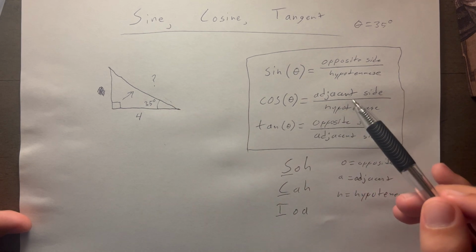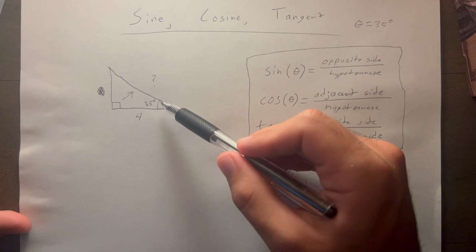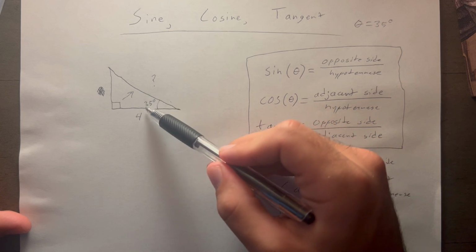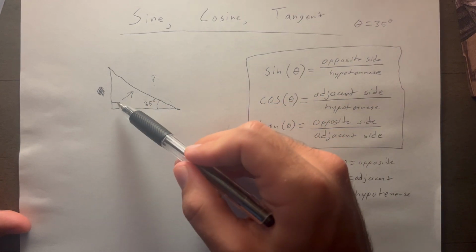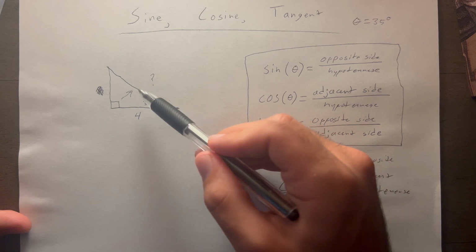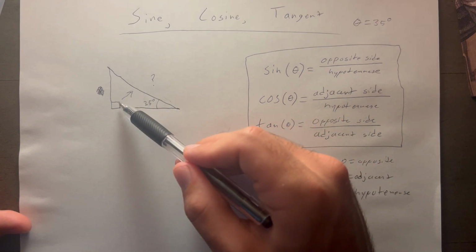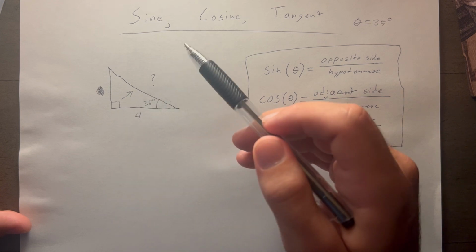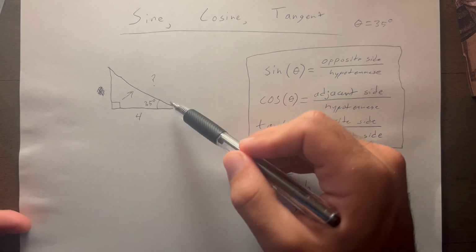Okay, so in this case, this 35, there are three sides. There you've got this one, and this one. We already said that this one is the hypotenuse because it's the longest and it is the one opposite of the 90-degree angle. So now we're down to this one and this one. Now it's pretty simple.